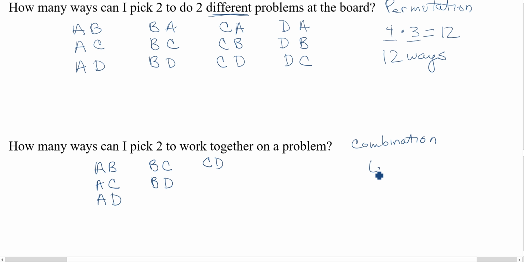So there's 6 ways. And please notice that the number of combinations is less than the number of permutations.